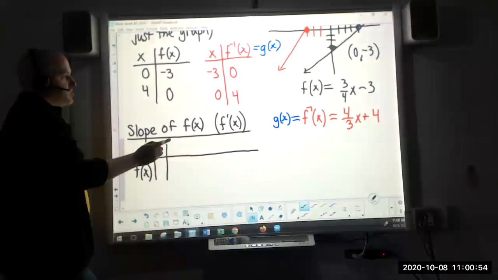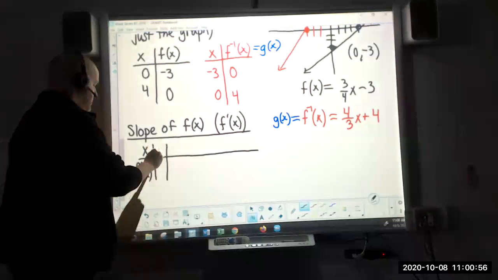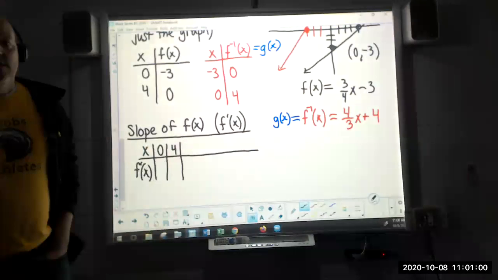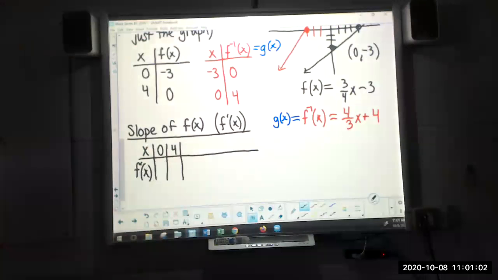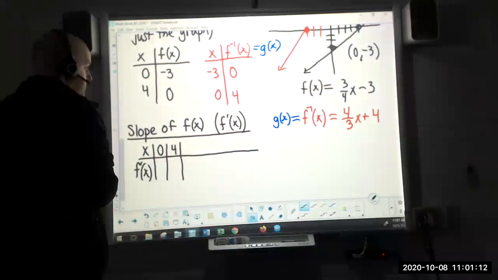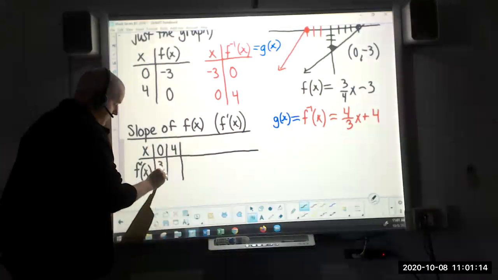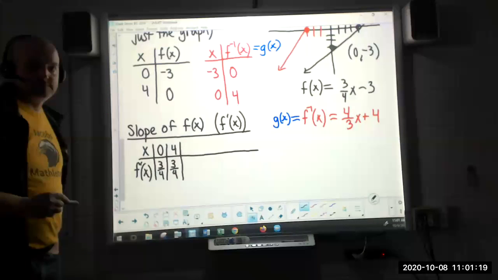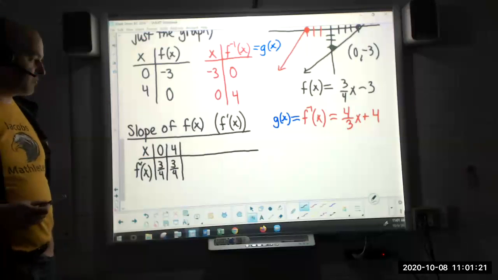Let's just start out at our 2 points, 0 and 4. Go ahead and say out loud in the privacy of your own home what the slope of f is at x equals 0 and x equals 4. Twas the same, was it not? Twas the same, both 3/4.